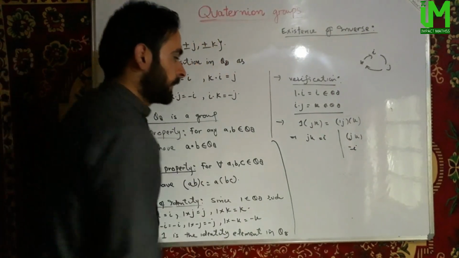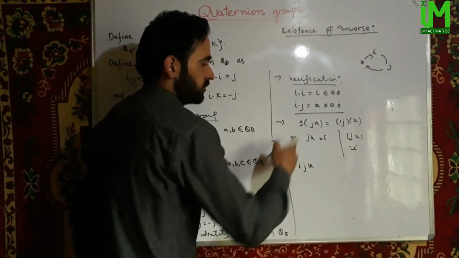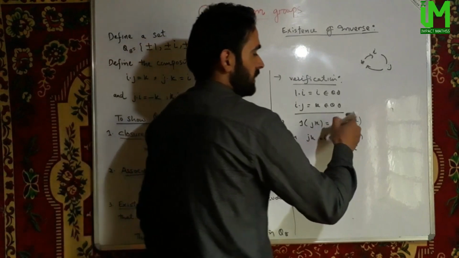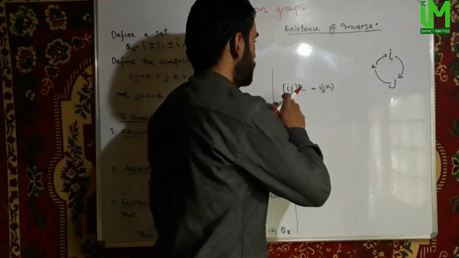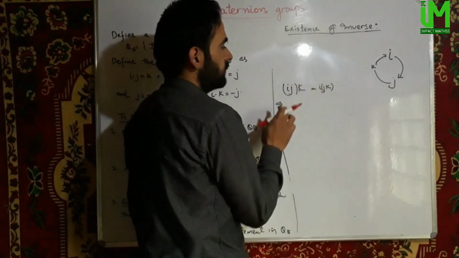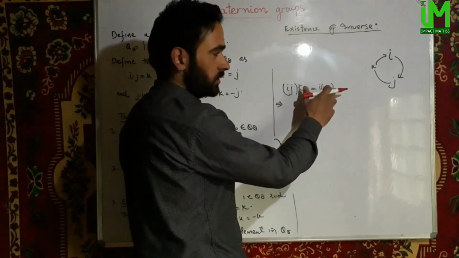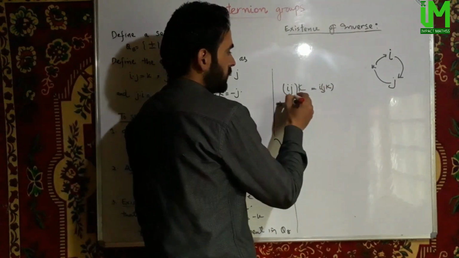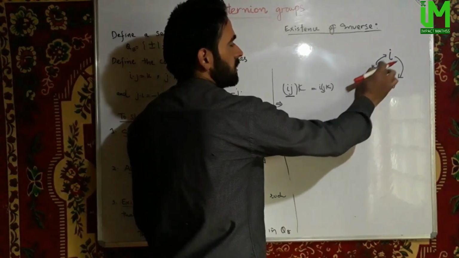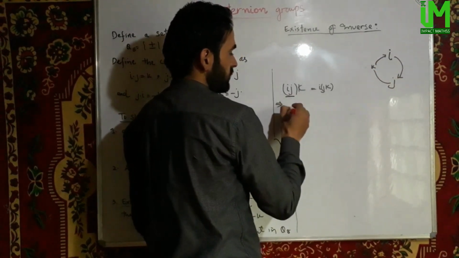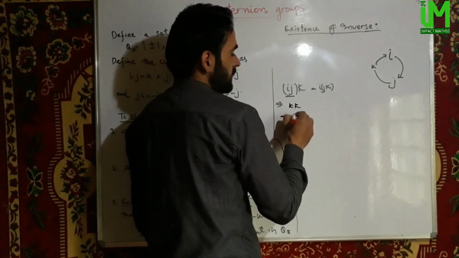Now if we take i, j, k, these elements, we have to show that (i.j).k is the same as i.(j.k). Now what will be i into j? As per this, i dot j will be k, so this will be k into k, which means it will be k square.